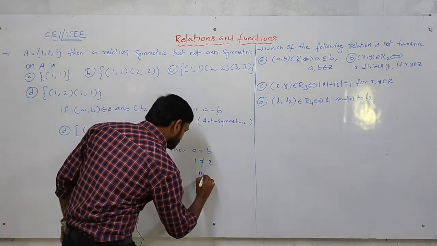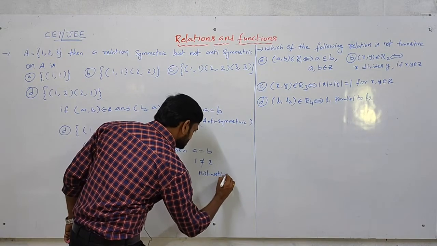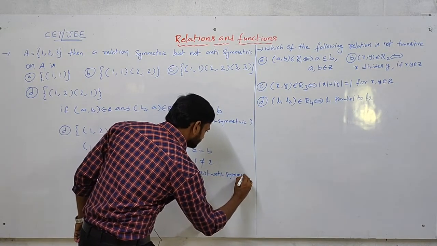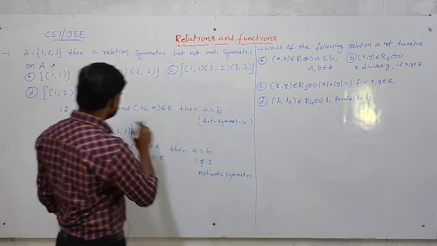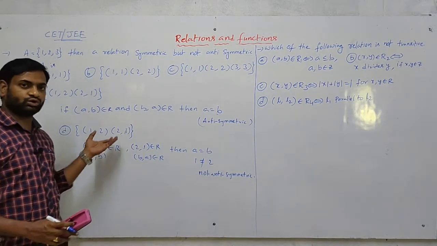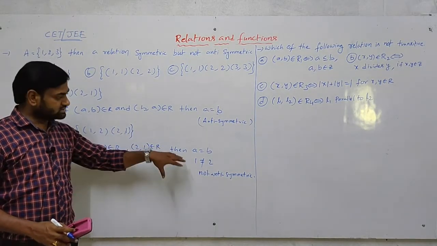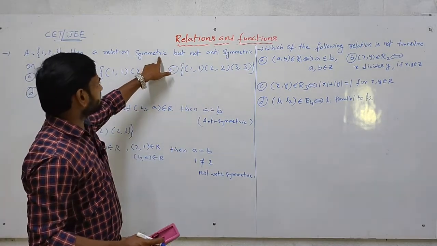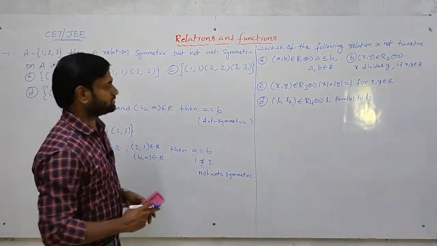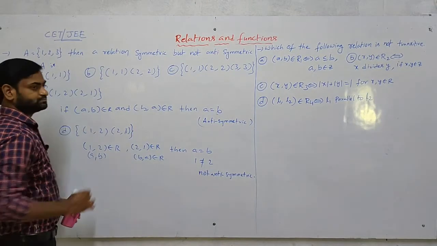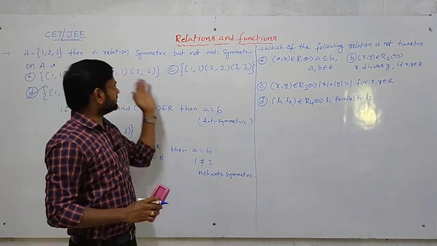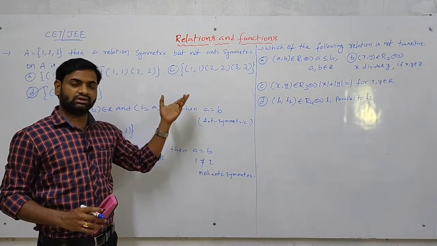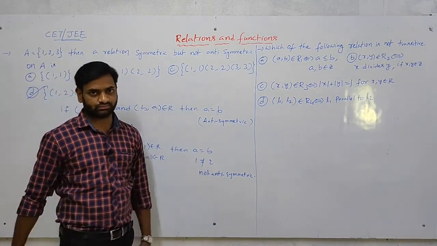So it is not antisymmetric. It is symmetric: (1,2) is there, (2,1) is there. It is not antisymmetric because 1 is not equal to 2. That is what is asked: symmetric but not antisymmetric. So that is the option. The remaining three are symmetric as well as antisymmetric.